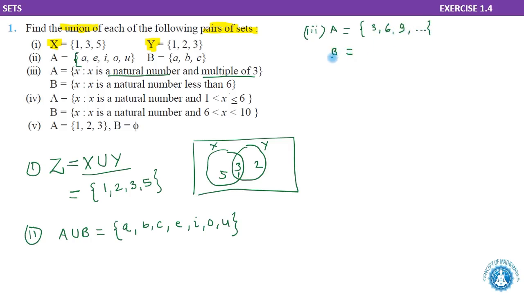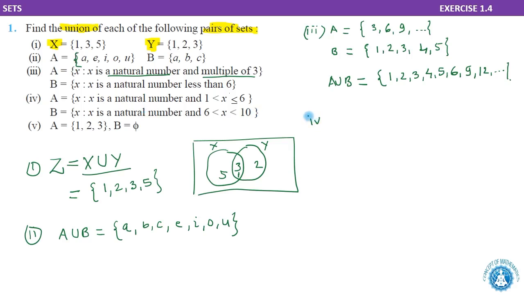B will be written as the set of all x such that x is a natural number and less than 6. Natural numbers less than 6 are 1, 2, 3, 4, 5. So the union of A and B will be 1, 2, 3, 4, 5, 6, 9, 12 and so on.